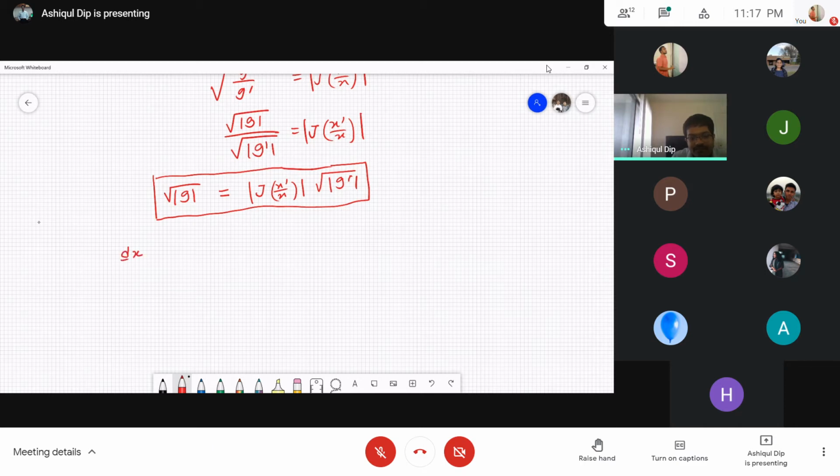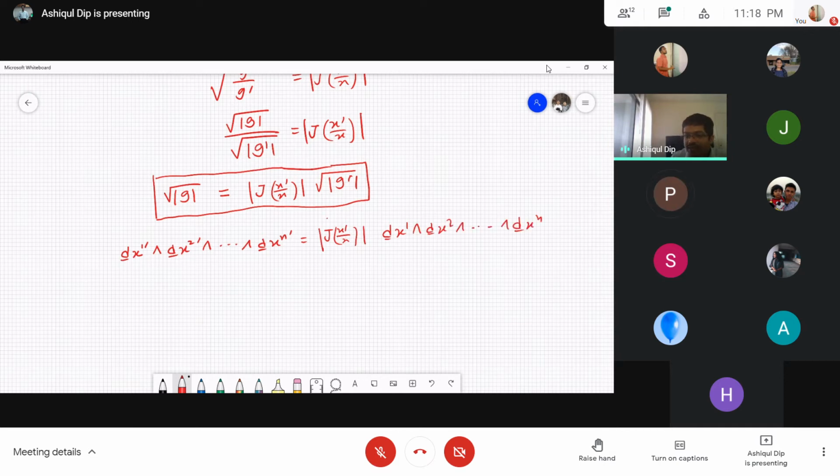The coordinate volume elements: dx1 prime wedge dx2 prime wedge up to dxn prime equals the Jacobian determinant J times the wedge product in the unprimed coordinates, dx1 wedge dx2 wedge up to dxn, right?